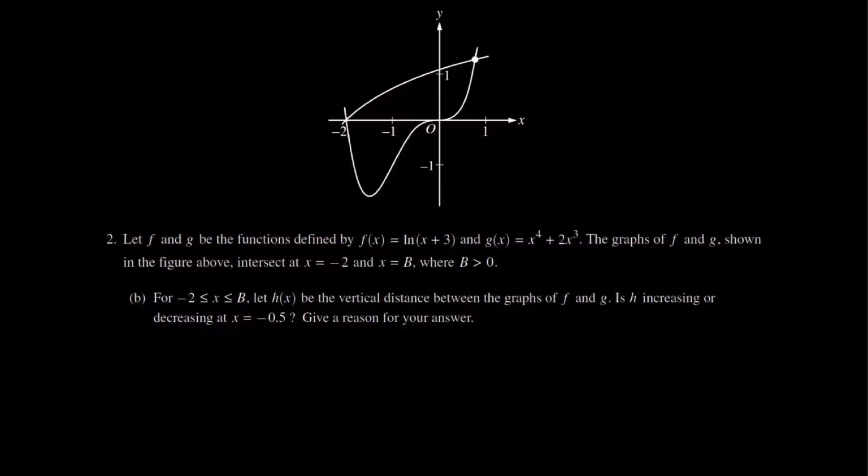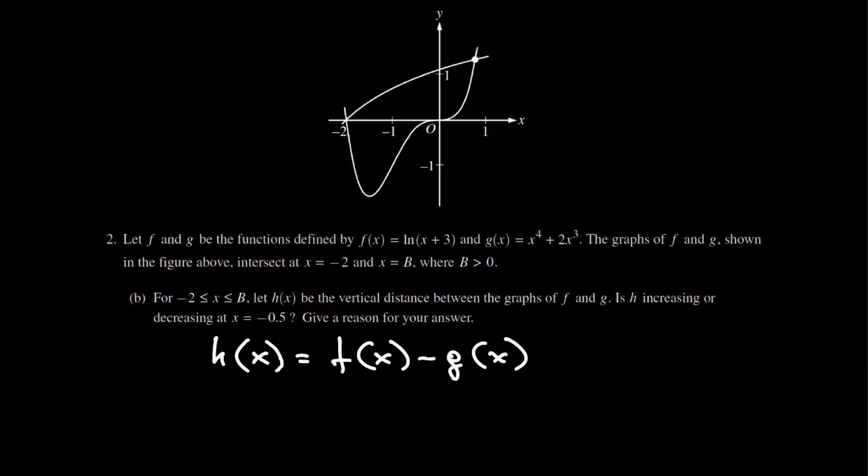In this question, we are given the new function h of x, which is the difference between functions f and g. So it's the distance between the graphs, which is the difference between the functions. And the question is, is h increasing or decreasing at x equals negative 0.5? To find that, h of x is equal to f of x minus g of x.